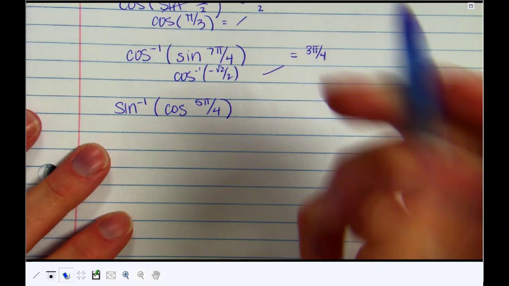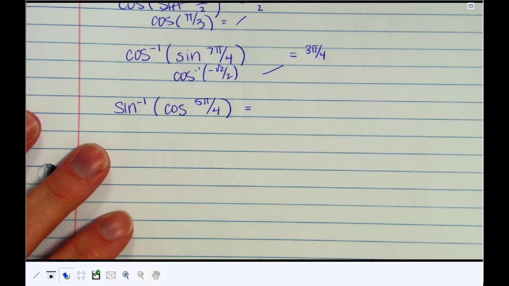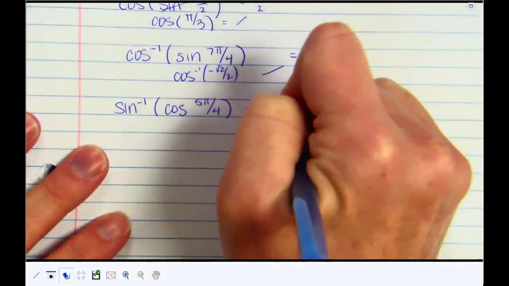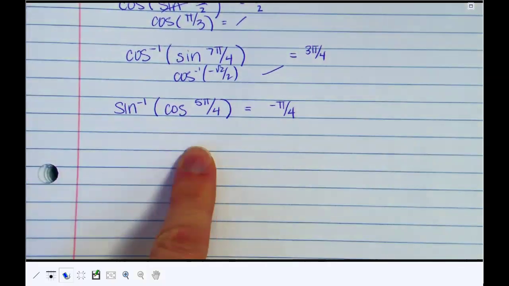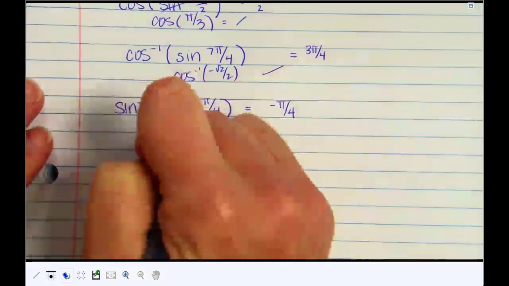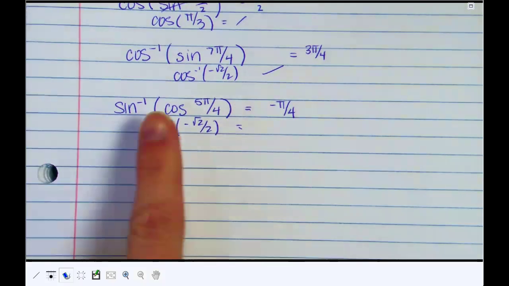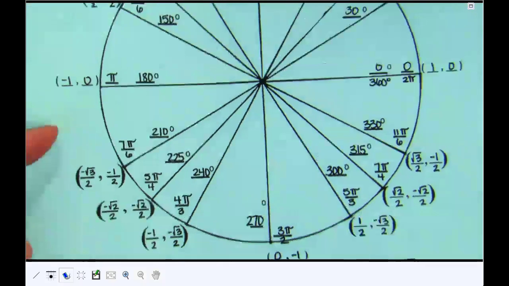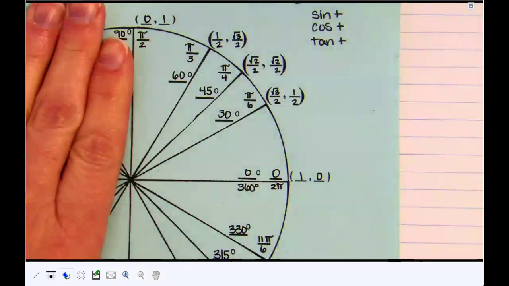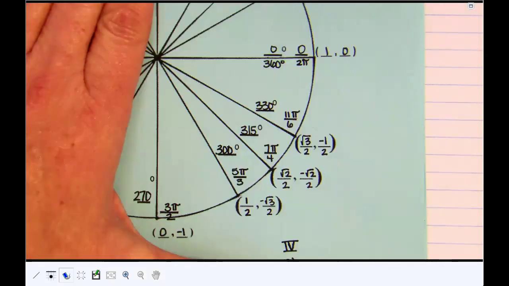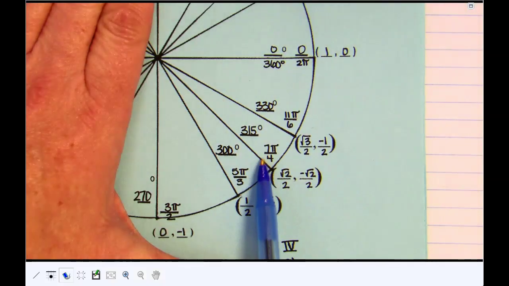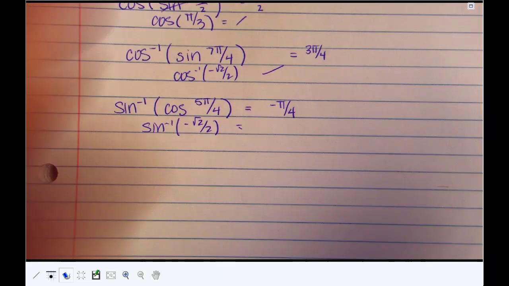Answer? Yeah, negative pi over 4. Okay, cosine of 5 pi over 4 is negative square root of 2 over 2. And so sine inverse of negative square root of 2 over 2. Don't forget that when we do the inverses, we're limited to half of the circle. So sine is this half of the circle over here. So it's got to be this guy. It's got to be negative pi over 4. Okay, now, questions on that?